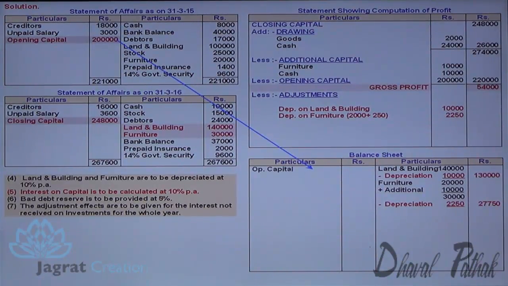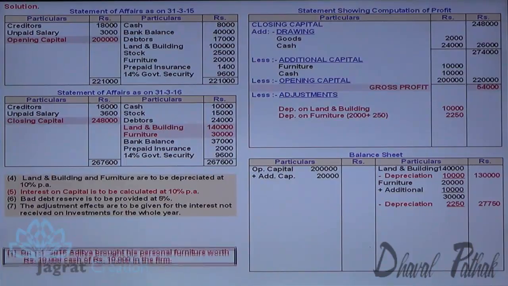Next adjustment is on interest on capital. Now opening balance of capital plus additional capital brought, furniture and cash. So that additional capital is added to the capital balance. Now when you want to work out the interest on capital, on opening balance, interest will be calculated for the whole year, and the additional capital on which interest is to be calculated from the date on which the capital is brought till the end of the accounting period.